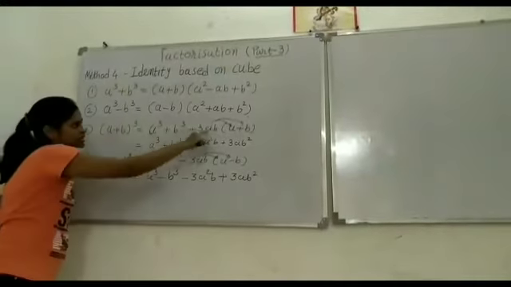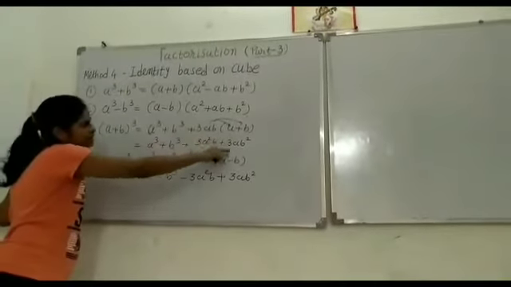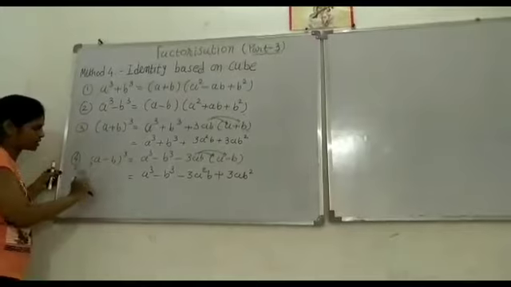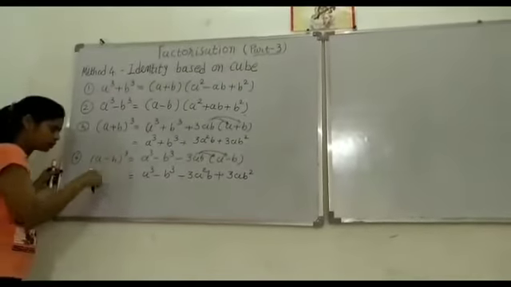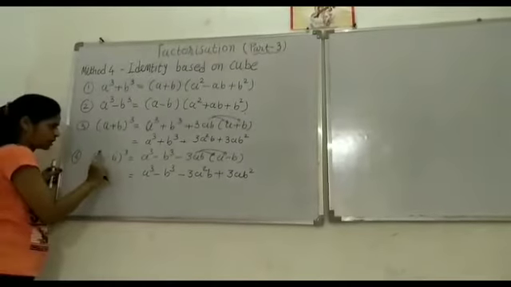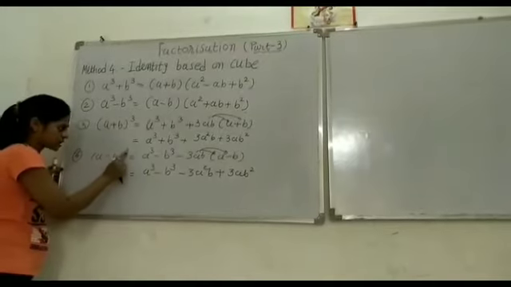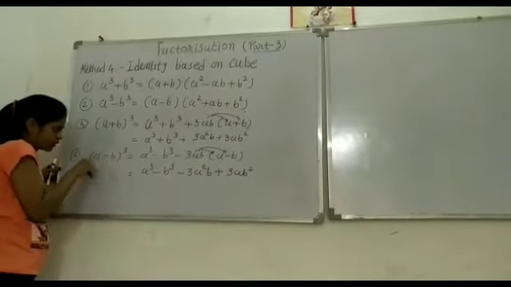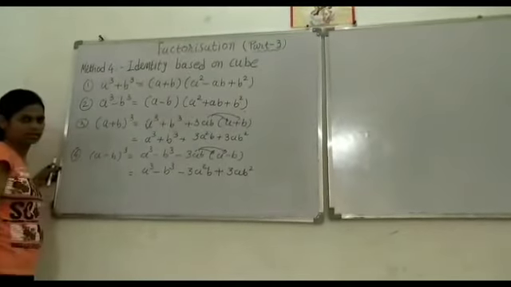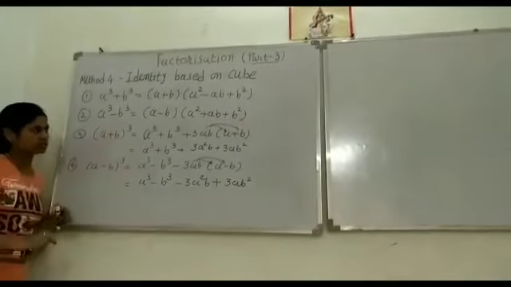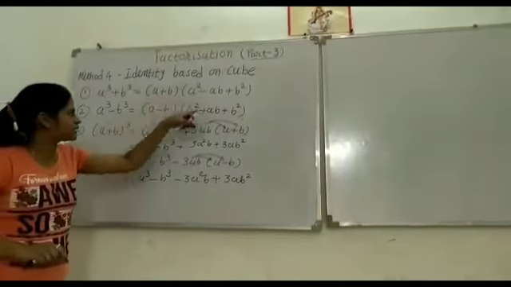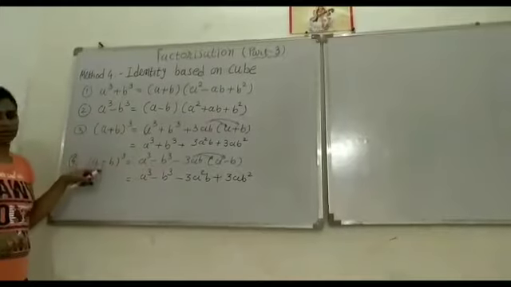You can remember it this way easily. Now split this, so you get this formula. Now for a minus b whole cube: a cube minus b cube minus 3 times the product of these two, and in the bracket write a minus b. You can remember it this way. If you expand these, you get this.